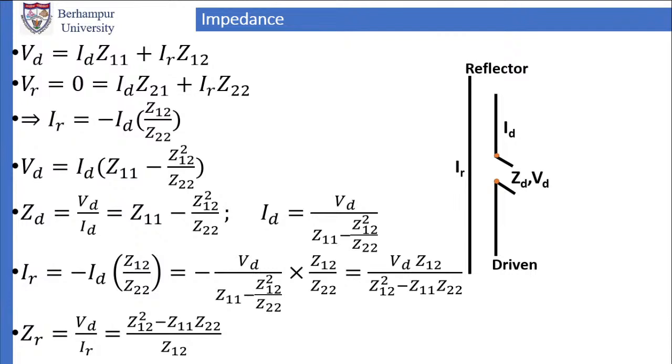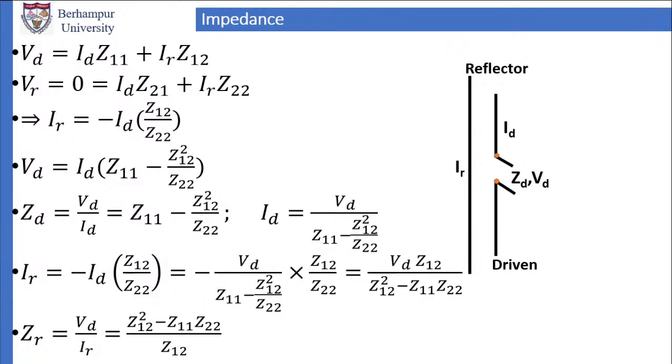Similarly, we can say VR. For the second element, which is carrying current IR, there is no source, so the voltage is 0. So VR is equal to 0, which we can write as Id into Z21, where Id is the current on the first element and Z21 is the impedance due to mutual coupling, plus IR into Z22, the self impedance of the reflector.